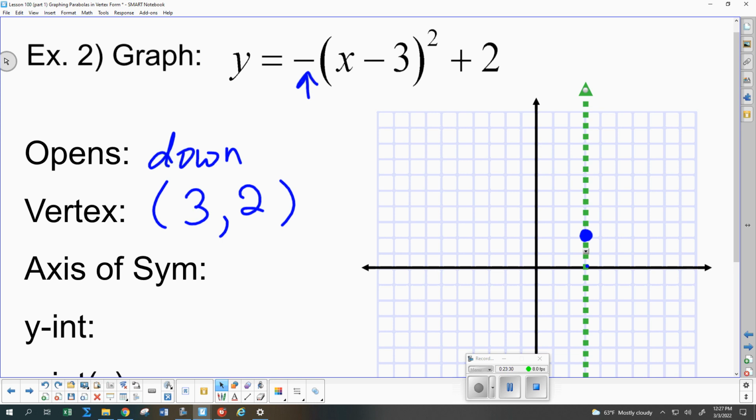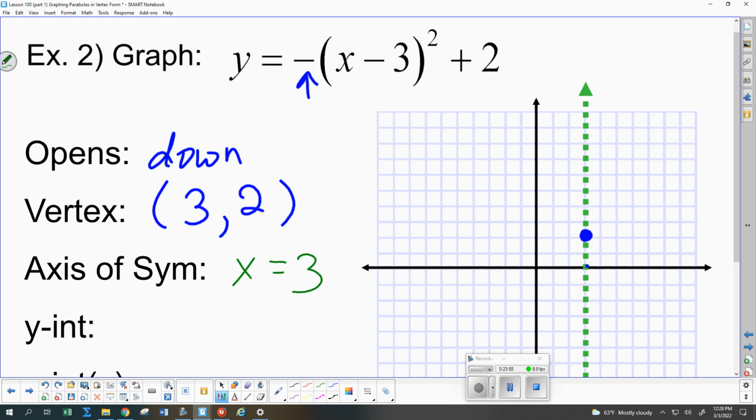So write down what you think the equation will be for the axis of symmetry. And Leo, what do you think the equation of that dotted vertical green line is? Thumbs up, thumbs down for x equals 3? Sounds good to me too.